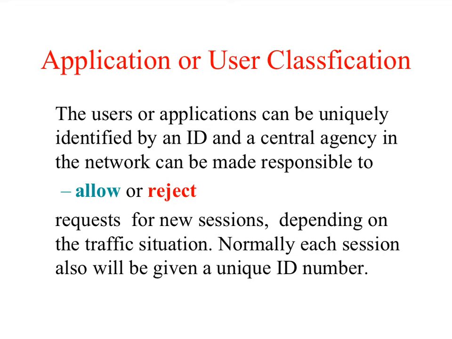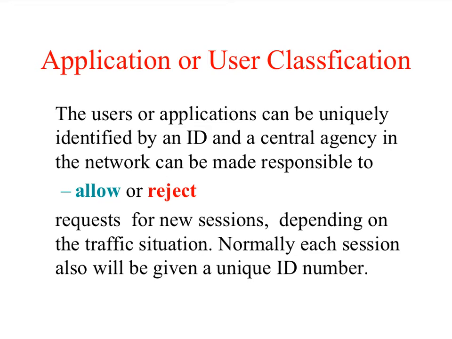So from the application point of view, we can identify the application, for which we can provide special behavior, or we can provide the identification for the user. Based on that, we can allow or reject certain traffic that is coming from this application to go into the core network, which is part of another mechanism that we'll talk about, which is admission control.